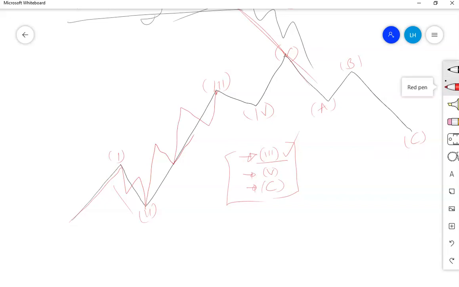Yeah, like this. So now, when the market has already completed the correction at this area, it's where you will start looking for your entry. You will basically start to look for your entry right from that area.